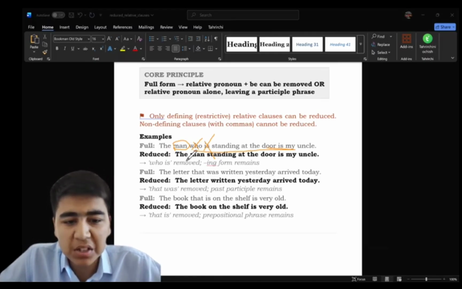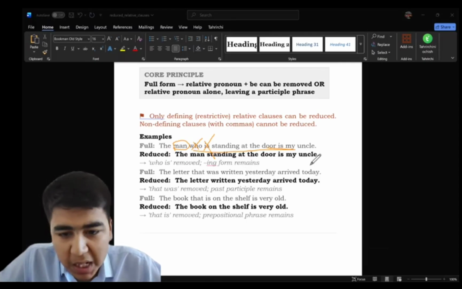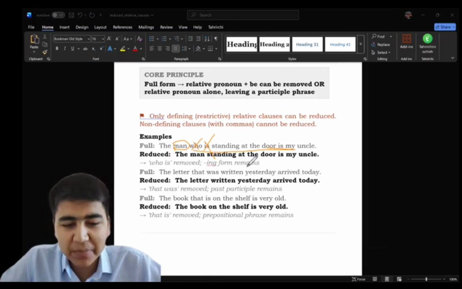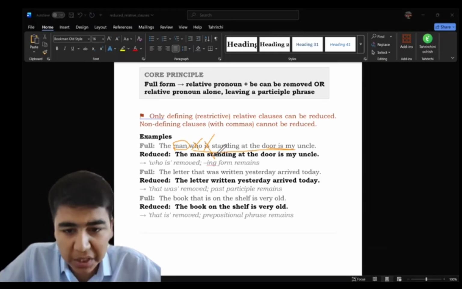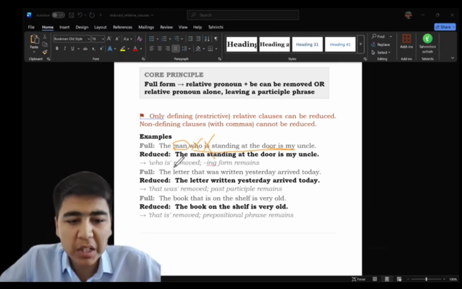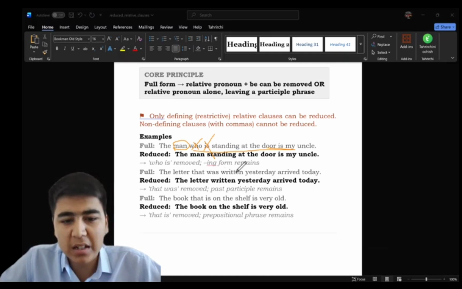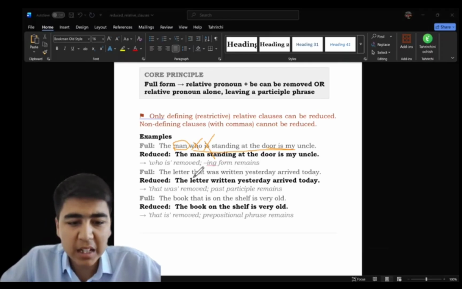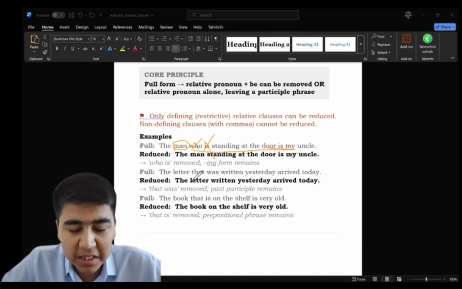For example, the man standing at the door is my uncle. Here you can see the man and standing. We removed who and to be. So who is removed and the verb standing stays in the ing form.